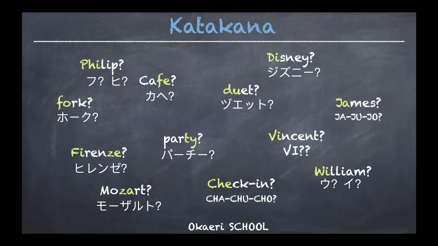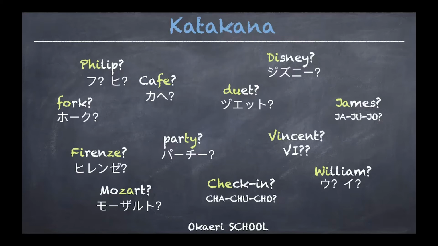Mozart. Well, we have learned za, ji, zu, ze, zo, with the 2 dots. But Mozart has this ts sound, tsa sound. How do we write them? Check in this che. We've only learned chachucho. So how about che? Duet. Do. How do you write do?